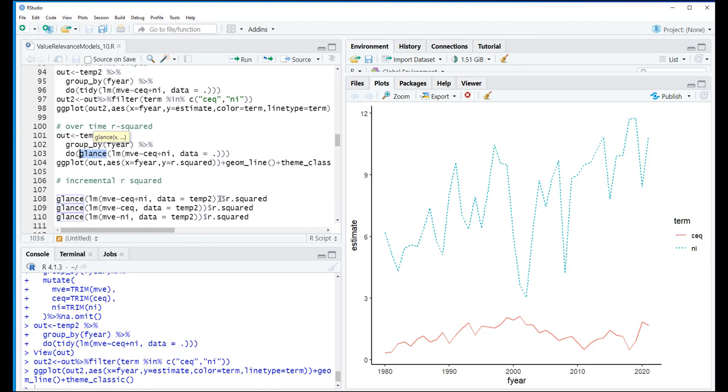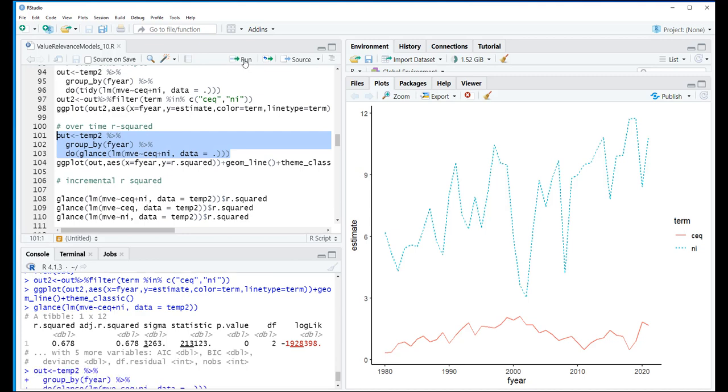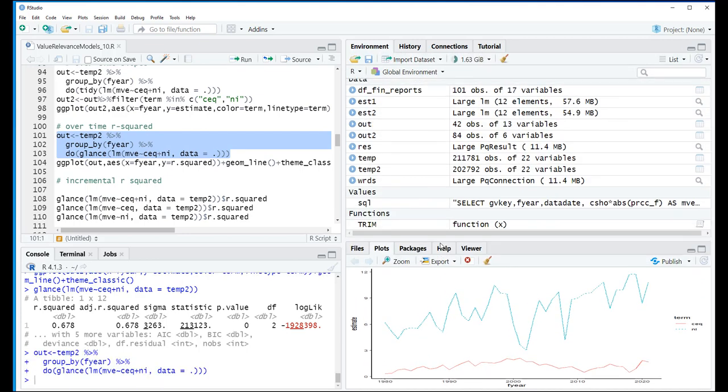So if I run this one down here that we'll look at in a little bit, it gives you the R-squared, adjusted R-squared, and then some other stuff from the regression. So we can use that. It's going to output the summary information as a data frame instead of the coefficients. So I can run this and I can get the summary information.